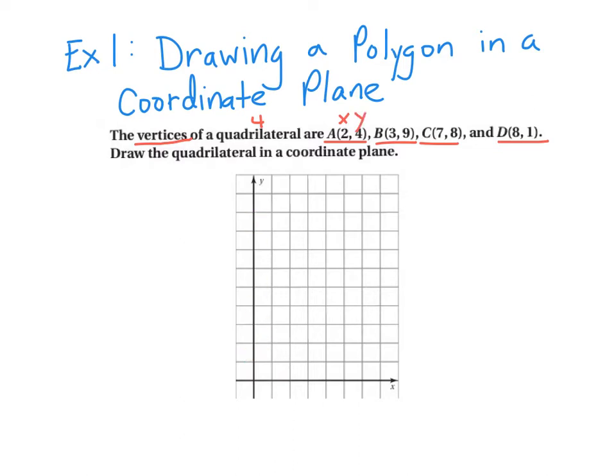So this first one says it is 2 on the x line, so we think about this being 0 in the corner, and then 1, 2, 3, 4, 5, 6, 7, 8, and we want to make sure that we label that. Then going up, this would be 1, 2, 3, 4, 5, 6, 7, 8, and you could keep going if you needed to.